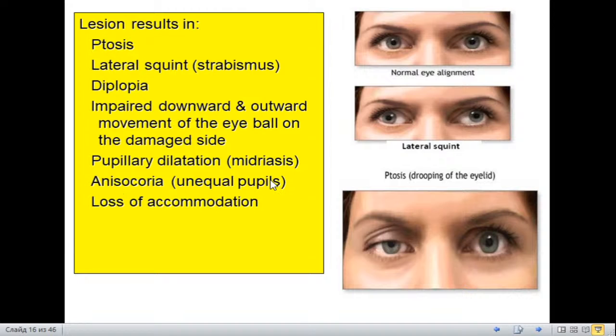On the unaffected side it will be normal, but on the affected side it will be dilated due to mydriasis. And because the oculomotor nerve supplies the ciliaris muscle, which is responsible for accommodation, loss of accommodation may develop as well in case of damage to the oculomotor nerve.